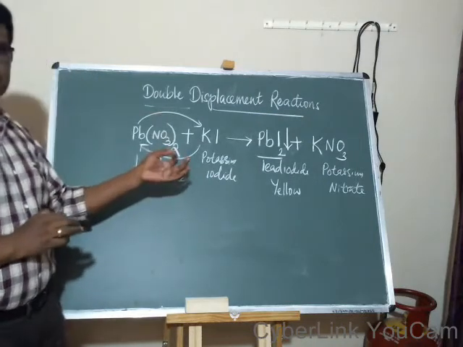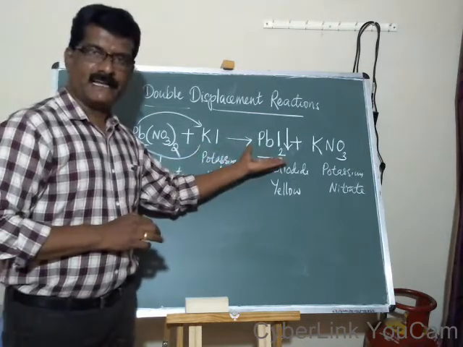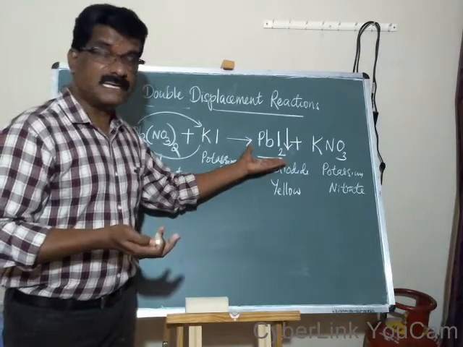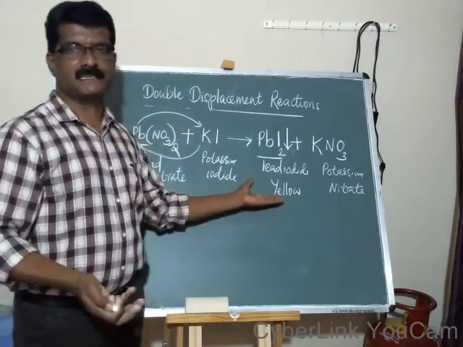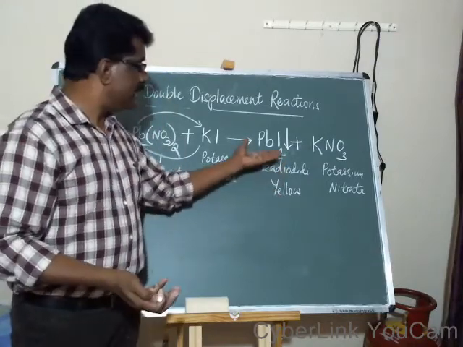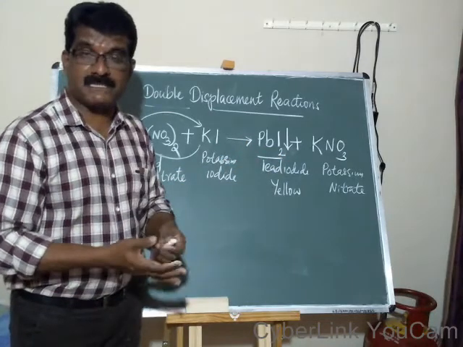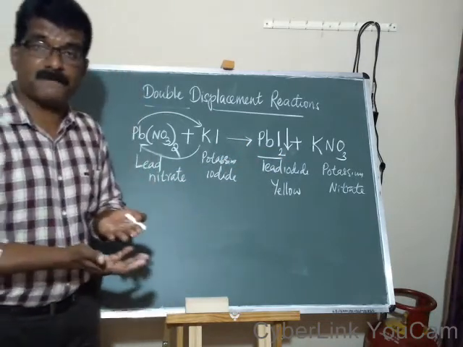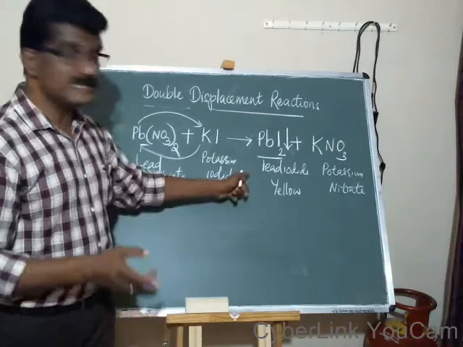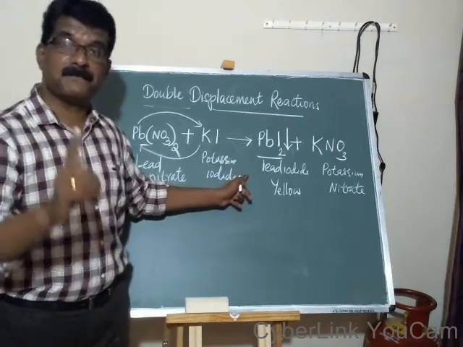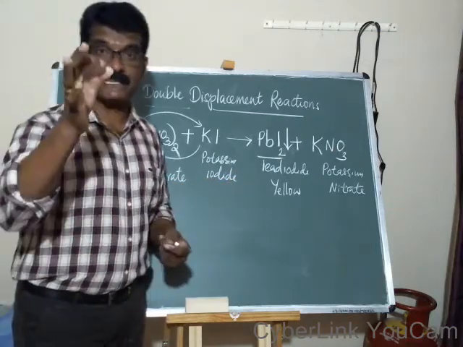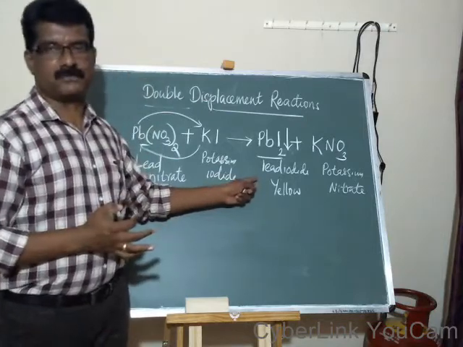In this reaction, the lead iodide formed is a yellow precipitate, that is precipitated at the bottom of the test tube. Therefore, this is also an example for precipitation reaction, a reaction in which precipitate is formed. Are you clear?